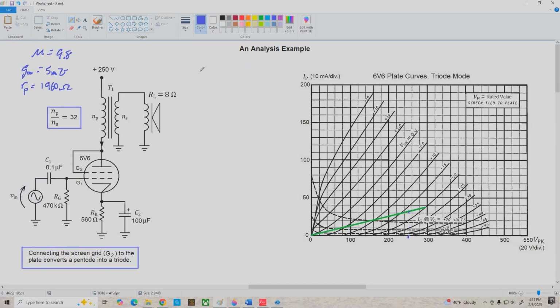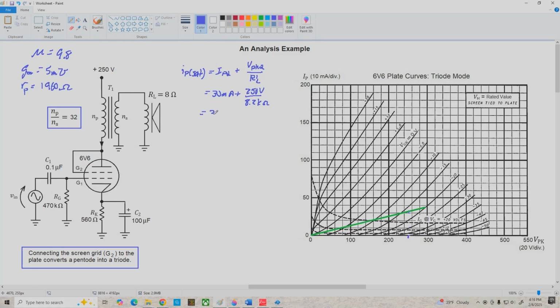Let's start by finding IP sat, and that is IPQ plus VPKQ divided by R prime L. So we've got 30 milliamps plus 250 volts divided by, that was 8.2 k ohms.